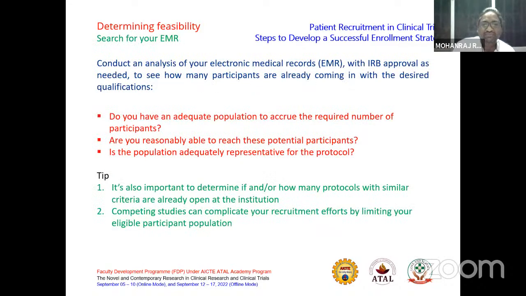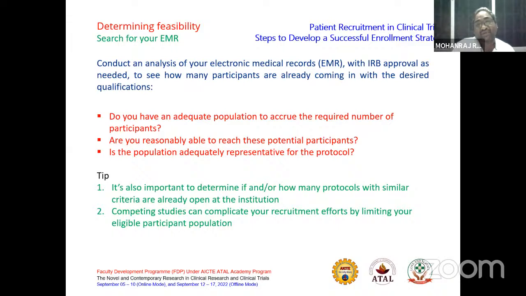So these are all the basic things whenever we want to streamline the EMR for searching the data. The very important step in determining feasibility is, whenever we want to analyze the electronic medical record, to ensure that whatever data or facts we are obtaining have already been approved by either the institutional ethics committee of the hospital or organization, or the institutional review board.